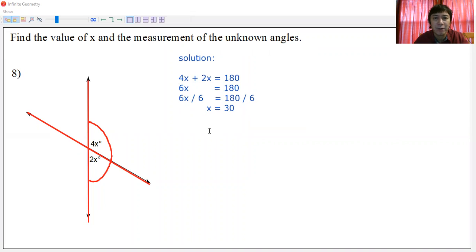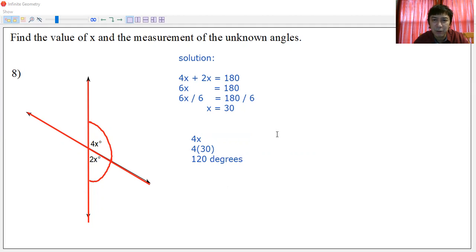Let us now determine the first angle. The first angle has the expression 4x. 4x means 4 times 30, and this will amount to 120 degrees. Next, the other angle is 2x.